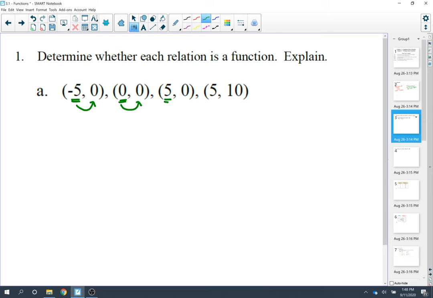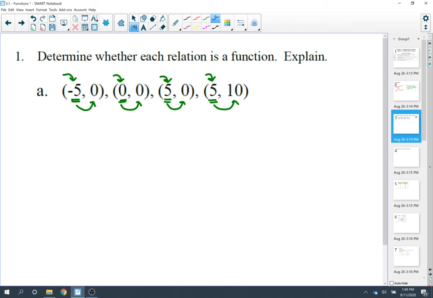Here my input is 5, it's being paired with 0. Here my input is 5, and it's being paired with 10. Now, it specifically talks about the input. So I'm focusing here, here, here, and here. And it says that each one of those inputs can only be paired with exactly one output.